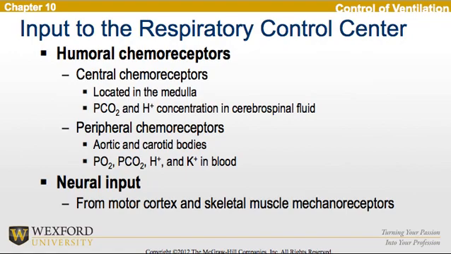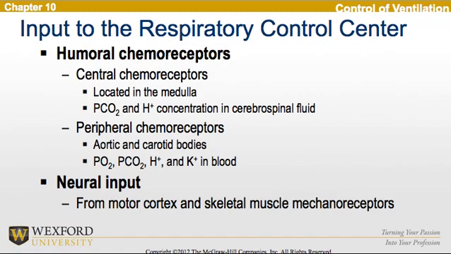Now, if we look at the input to the respiratory control center, we see that this comes from humoral chemoreceptors. We have central chemoreceptors, some that are located in the medulla, and they look at the partial pressure of carbon dioxide and hydrogen concentrations in the cerebrospinal fluid. We also have peripheral chemoreceptors, which are located in the aortic and carotid bodies and look at the partial pressure of oxygen, carbon dioxide, and also hydrogen and potassium in the blood.